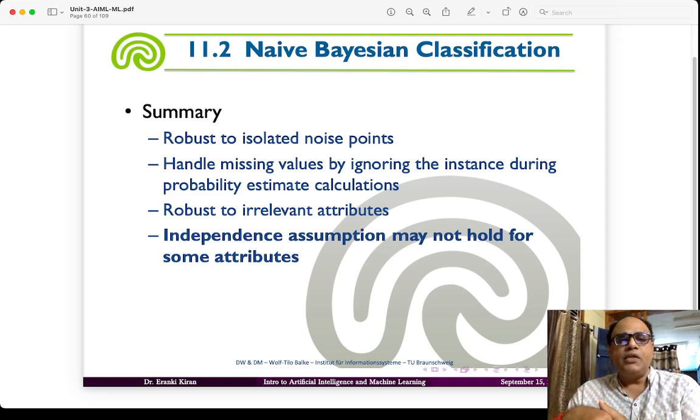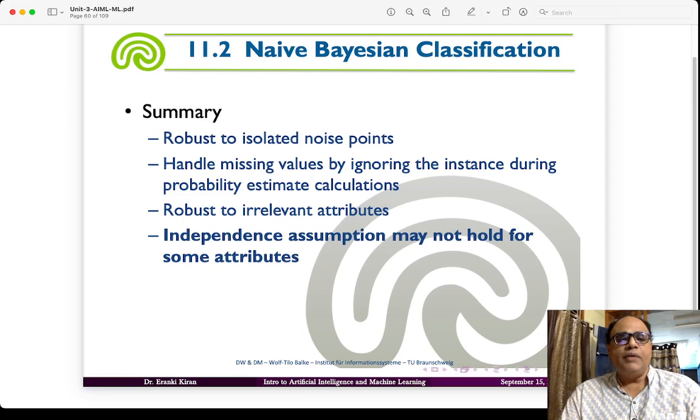It is also robust to irrelevant attributes, because this classifier doesn't really bother about noise and missing values, because the entire classifier revolves around a probabilistic approach. So it mainly looks at the count by which a particular category exists in the data set, right? This is very primitive, and hence it is called a naive-Bayes classifier.